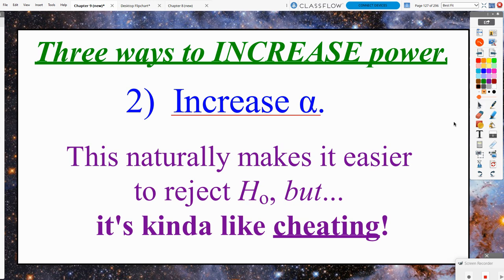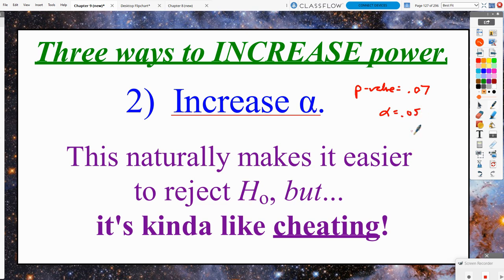The second way is what I would like to call the cheater's way, is to increase your alpha level, right? So think about this. If we increase the alpha level, that means that there are more p-values that would exist that would allow us to reject the null hypothesis. So what if our p-value was 0.07 and we used an alpha level of 0.05?